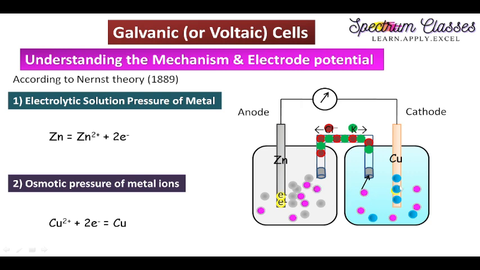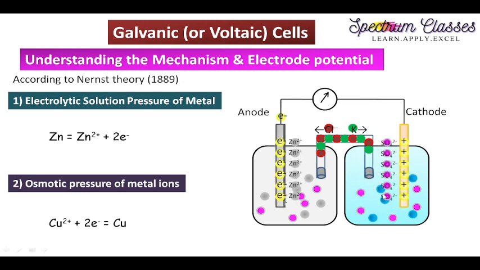But as time passes, the formation of zinc 2 plus ions in this compartment increases and the deposition of copper ions on the metal rod increases. And the movement of these sulfate ions does not occur at that rate, right? So what happens in that case? The positive charge on this cathode and the negative charge over this anode develop, and to maintain electrical neutrality the zinc ions which are produced over there come into the vicinity of this metal rod just to neutralize that.